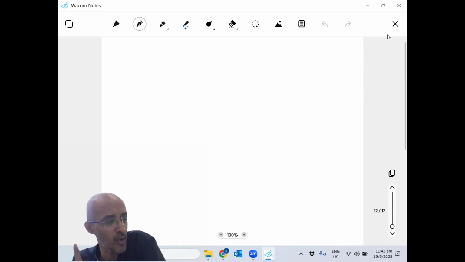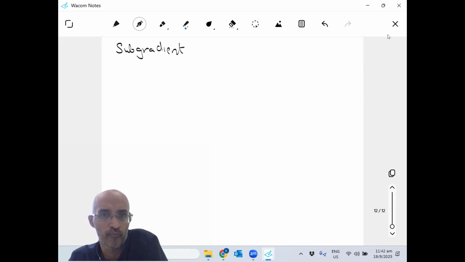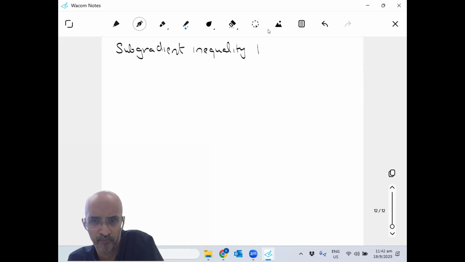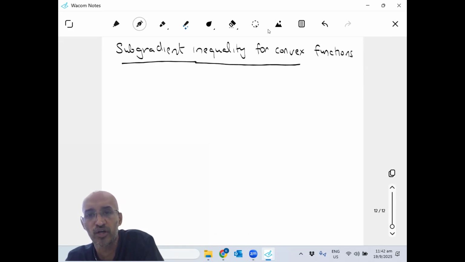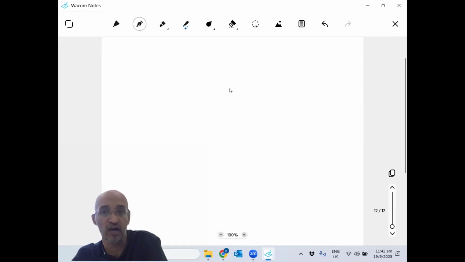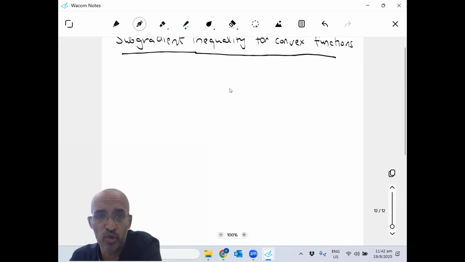But I want to end with one additional inequality for convex functions, which is useful to know. This is a property of convex functions which will show up also very often. So I just want to introduce this here, just to ensure that we cover this. Okay. So suppose I give you a differentiable convex function.